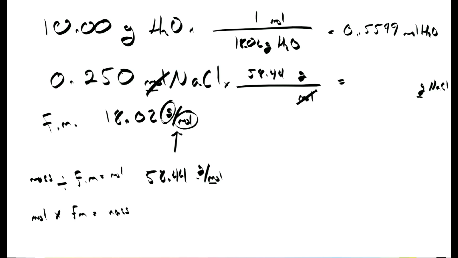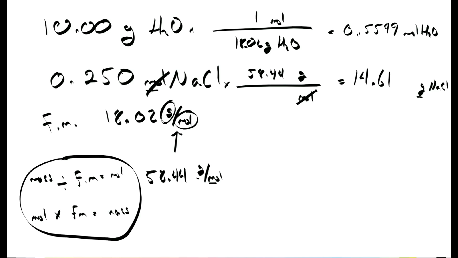Moles cancel, leaving you with grams. And what that leaves us with is how many grams? 14.61 grams of sodium chloride. So that's your conversion factor. Getting from grams to moles or moles to grams, you need the formula mass or molar mass.